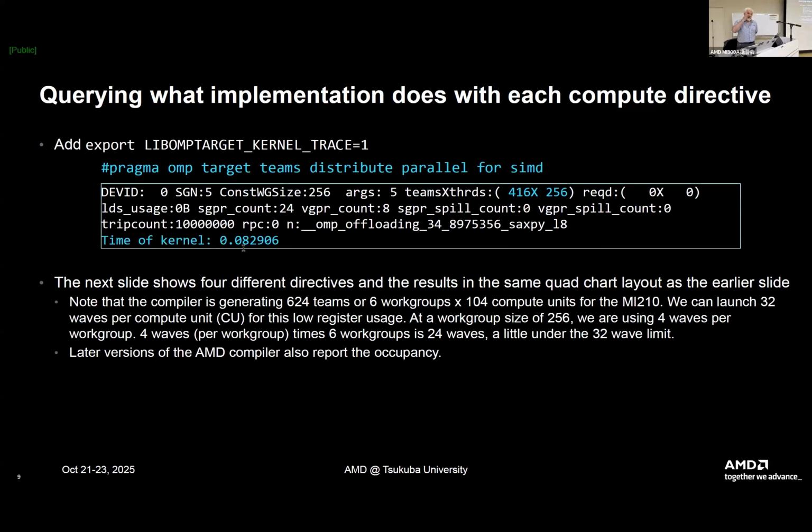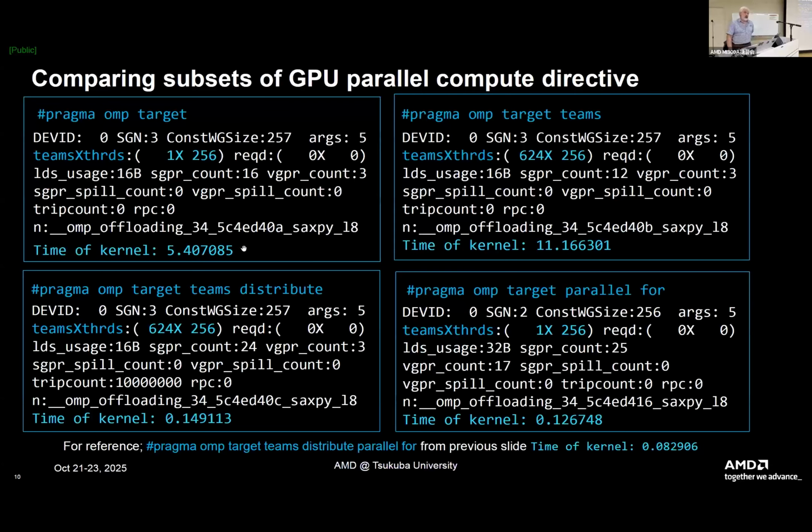So let's see what that looks like when we do the subsets of that parallel compute directive. If we just do OMP target, it's going to do one work group with 256 threads, but only one thread is doing anything. And we see that the runtime is 5.4.